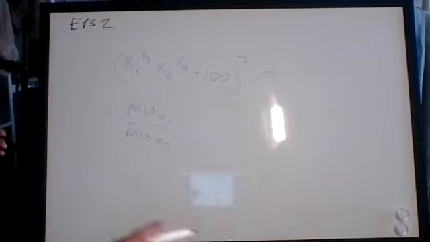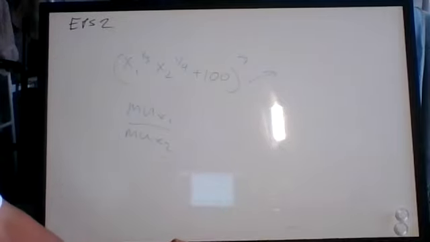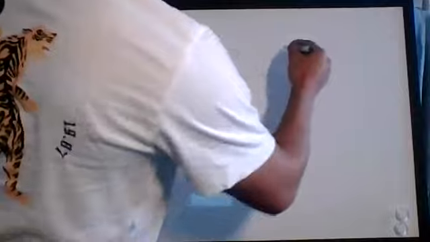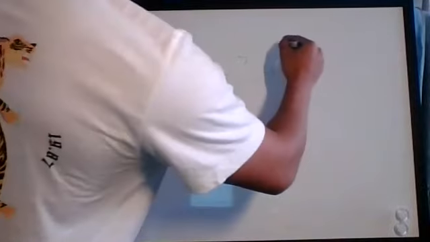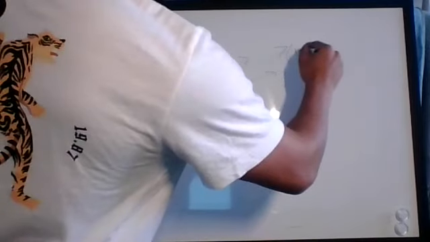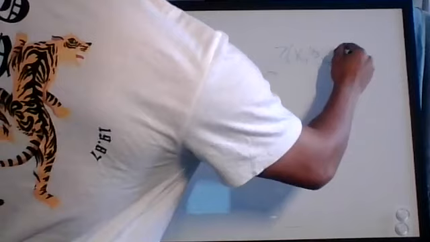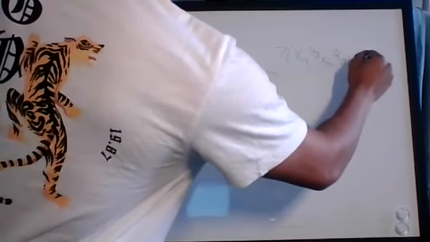Okay. So just a kind of disclosure, this will get kind of messy because of the chain rule and stuff, but I'm going to try my best. So the marginal utility of good 1 is going to be 7 times x1 to the 1/3, x2 to the 1/4 plus 100.